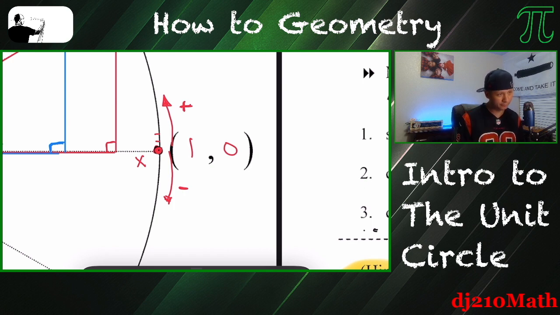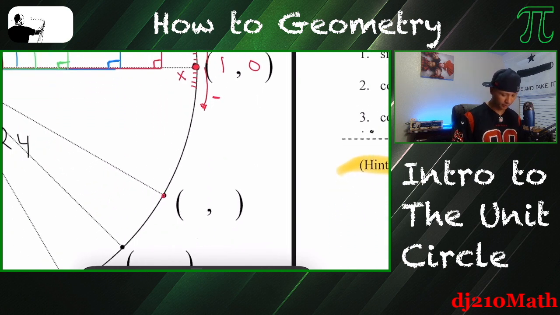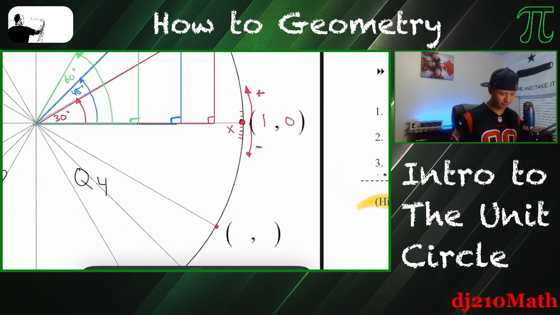This is the negative angles. So you're going to be like 0, right? Because we start at 3 o'clock. 0, -1, -2, -3, -4, dot, dot, dot. All the way until we get to 30, right? Because that's the first common.